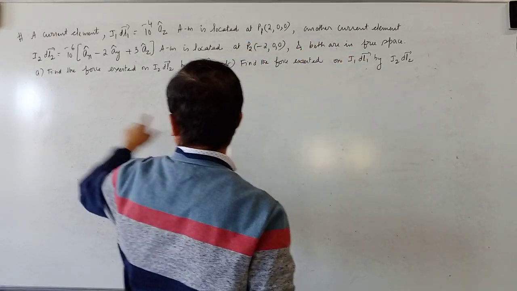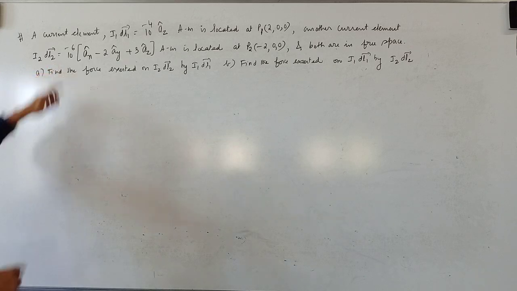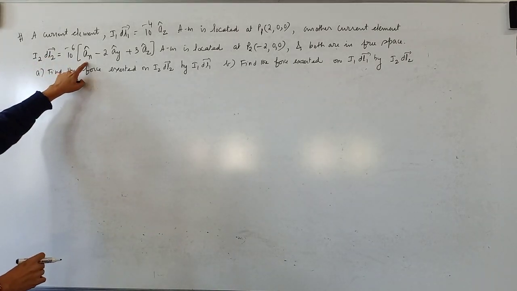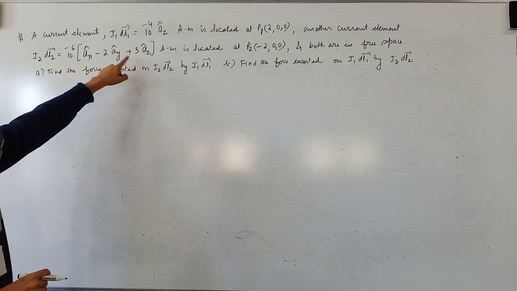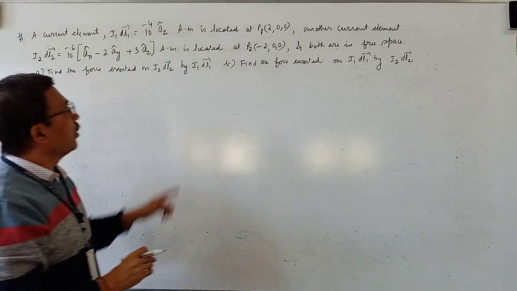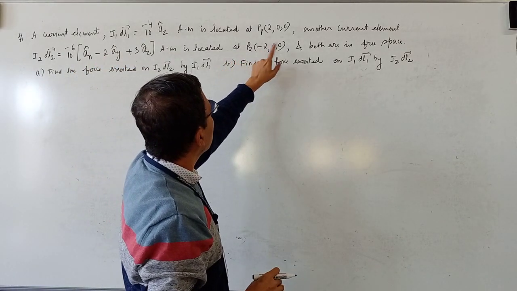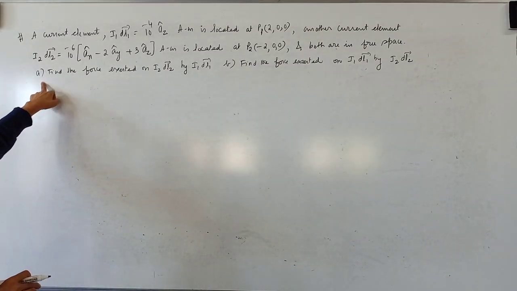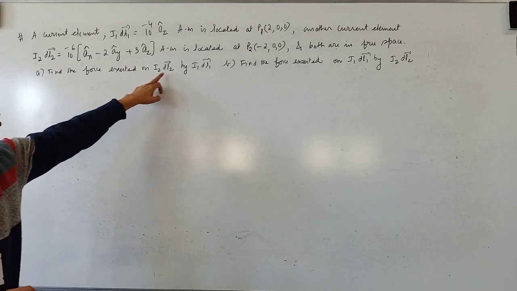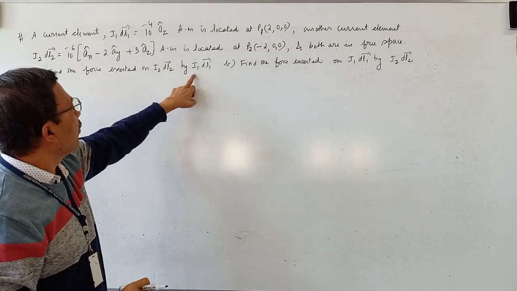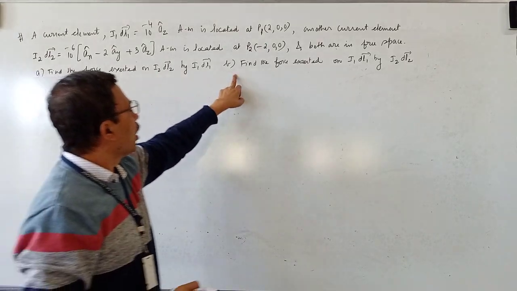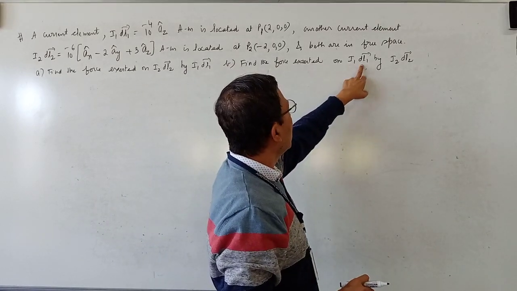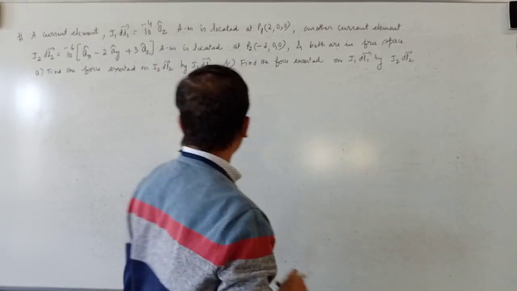Another current element I2 vector dl2 equal to 10 to the power minus 6 multiplied by ax cap minus 2ay cap plus 3az cap ampere meter is located at P2 (minus 2, 0, 0), and both are in free space. Part A, find the force exerted on I2 vector dl2 by I1 vector dl1. Part B, find the force exerted on I1 vector dl1 by I2 vector dl2.